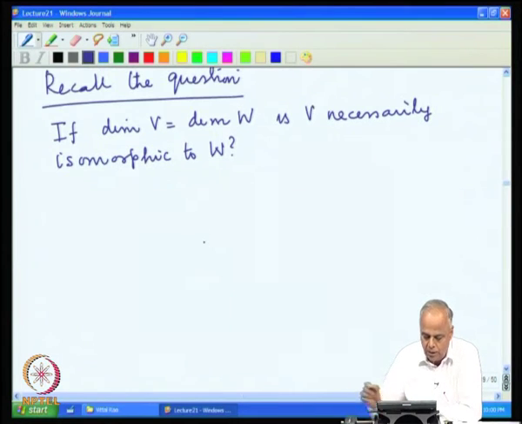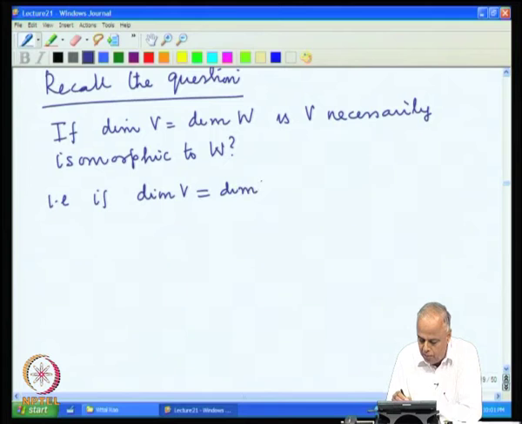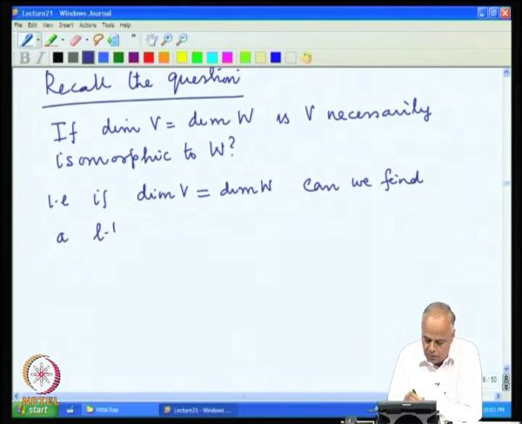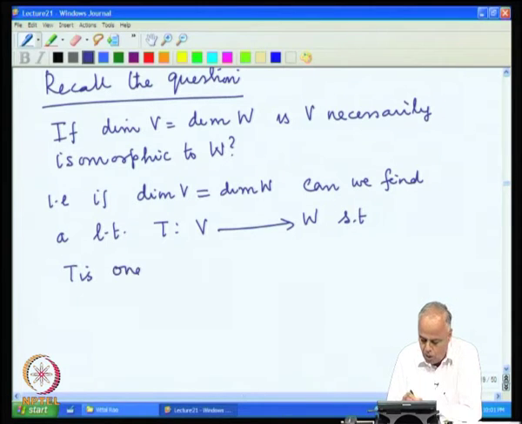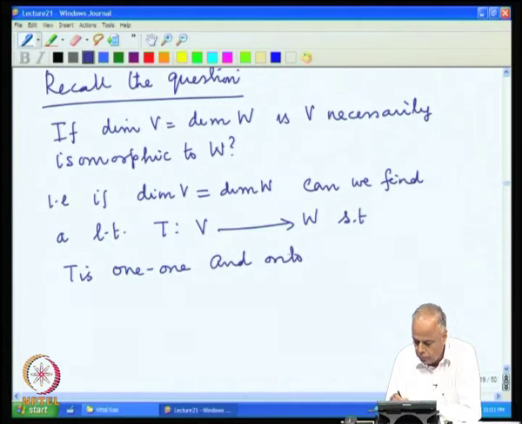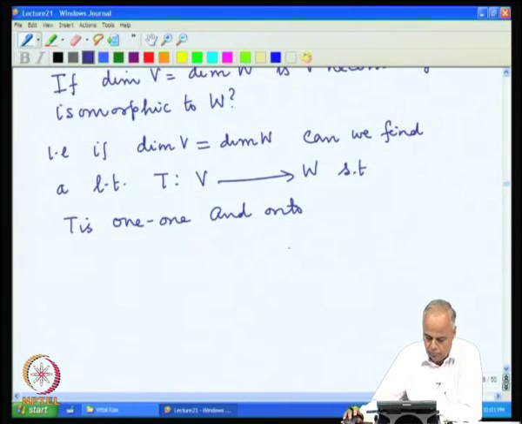This question means, that is, if dimension of V is equal to dimension of W, can we find a linear transformation T from V to W such that T is 1 1 and onto, both 1 1 and onto.